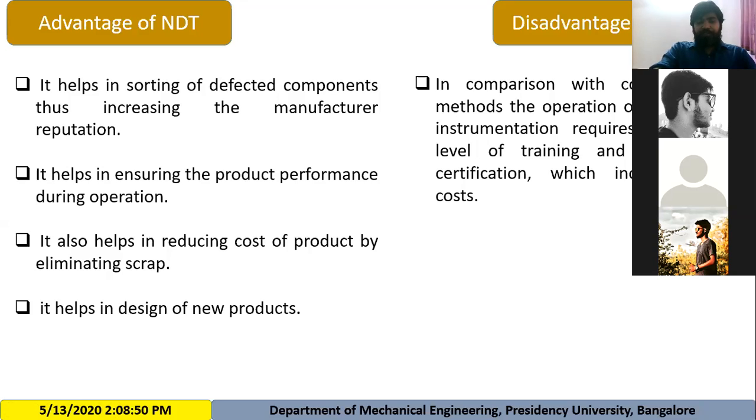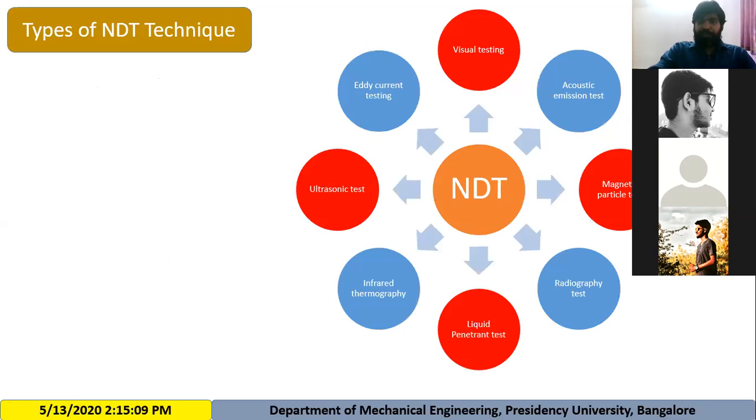Okay, then we will look into the different types of non-destructive testing. Here you can see that we have many types of non-destructive testing. These are the various non-destructive testings that are very popular today.